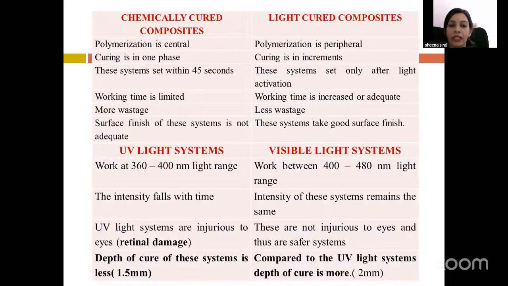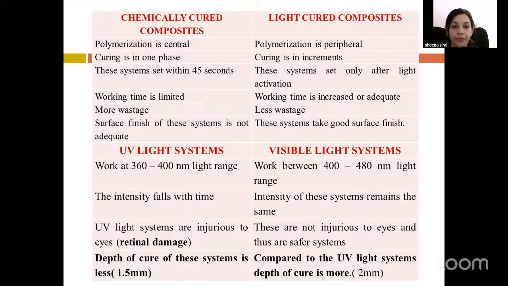As I told you, this was the comparison that I've already given. UV light causes a large amount of retinal damage, while in the case of visible light there was no injury to the eye, and the depth of cure with UV light was 1.5 mm. So why am I discussing this? Because the question will be which of the following is not true, so you need to know each and every point to give the answer. The depth of curing for UV light was 1.5 mm, while for visible light, which we commonly use, it is 2 mm.